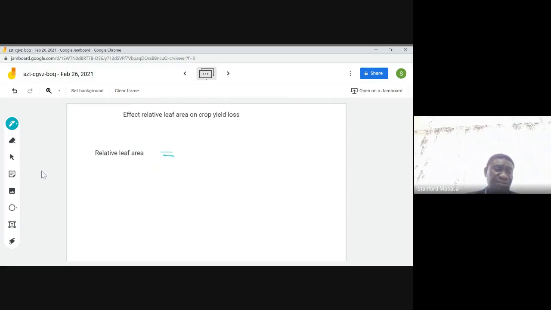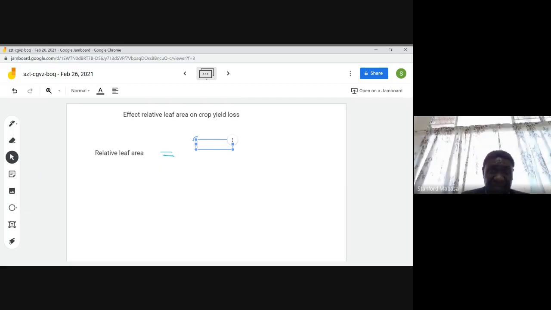Relative leaf area equals to, they measured the leaf area of the weeds and found the leaf area index.